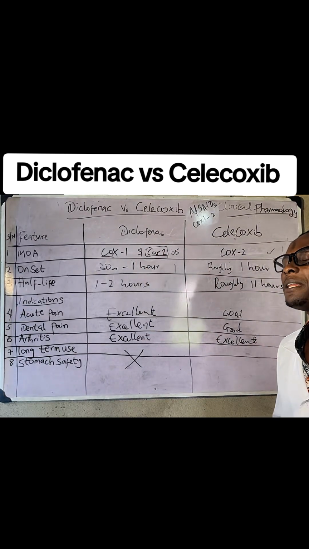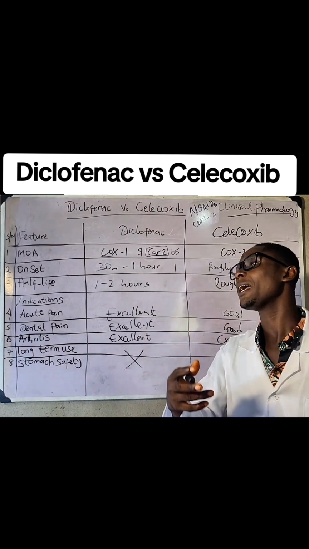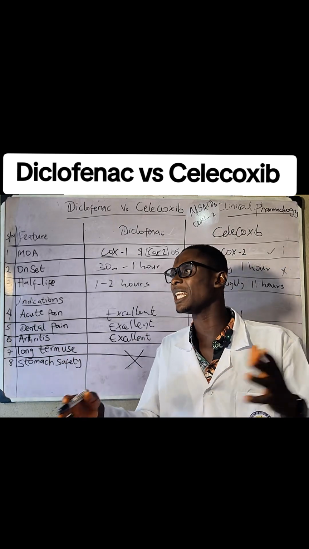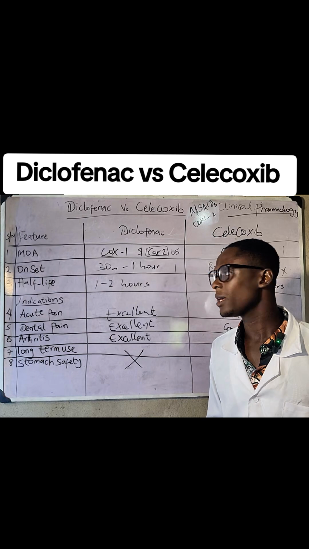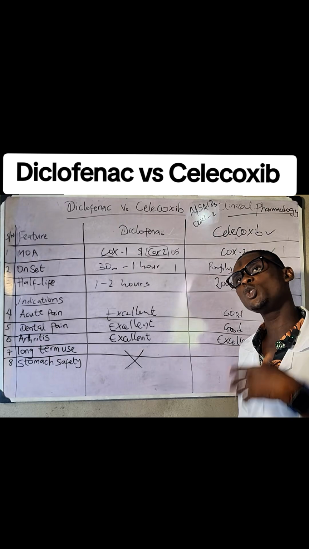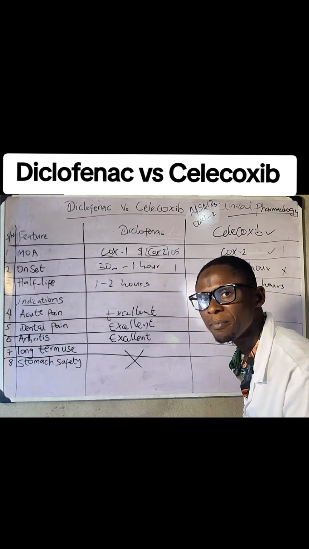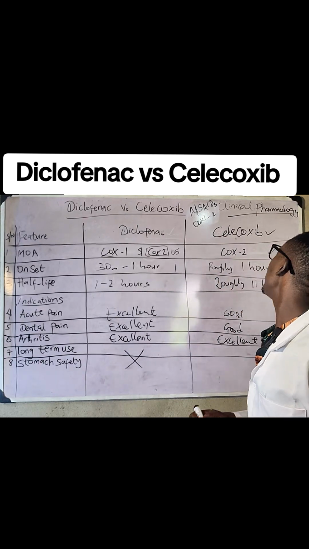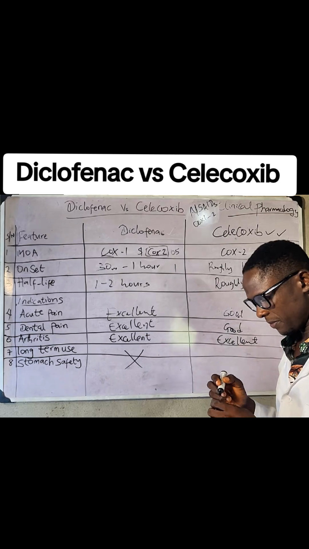If a patient has a prolonged history of gastric ulcer or anything related to acid reflux, then Celecoxib is better. When you want to use the drug for a long time, you want to manage a pain for a very long time, then Celecoxib is also better.